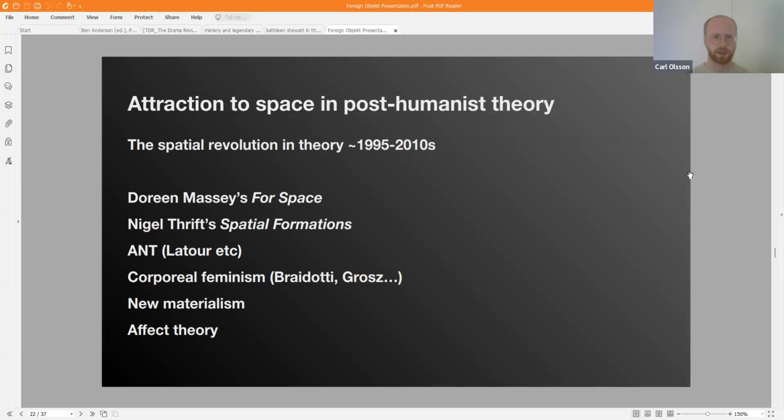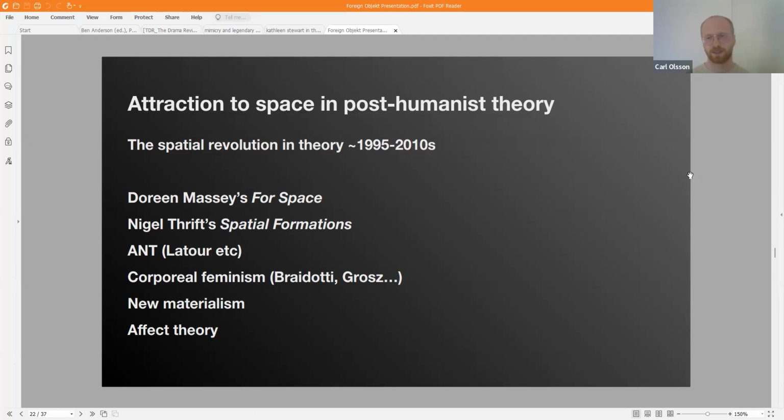So, for instance, Doreen Massey would argue that there's a need to return to a view of space as dynamic and self-active. Nigel Thrift will argue something similar, that we are the result of emergent relationships that are not simply representational. We are really embedded in the world. I mean, so these are also key tenets of actor-network theory, if anyone remembers that anymore.